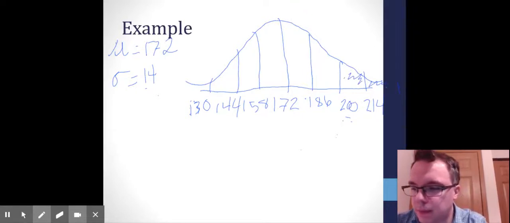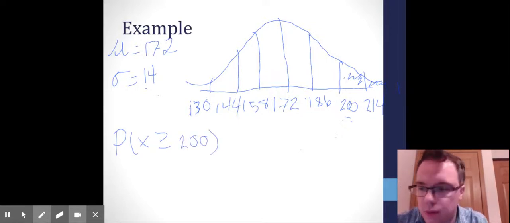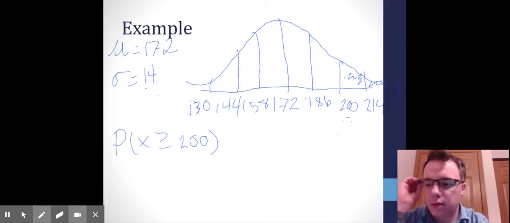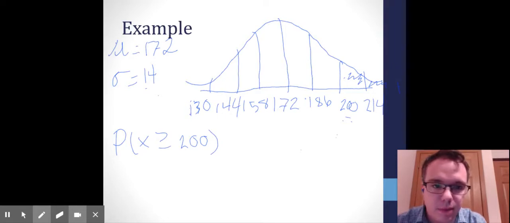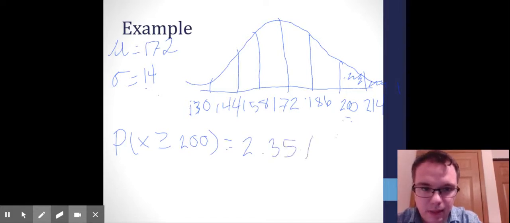If we look back and we want to know the probability that we are greater than or equal to 200, we're going to want the percentage. So we're going to write this one actually as a percentage. We're going to take our percentages and add them up, and remember, to be above two standard deviations above the mean, that's 2.35%.